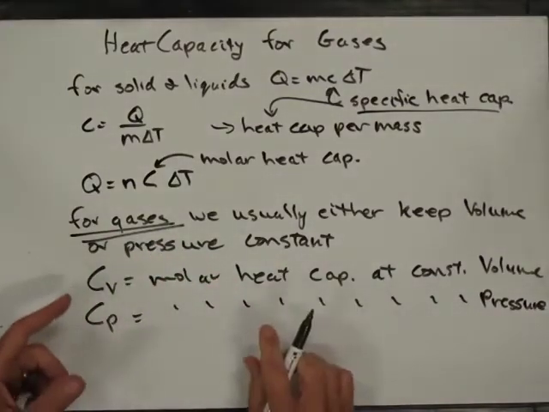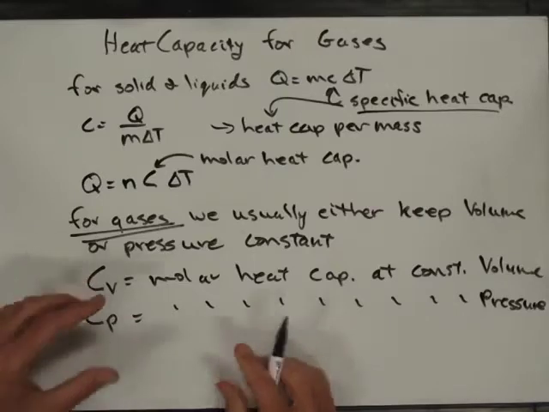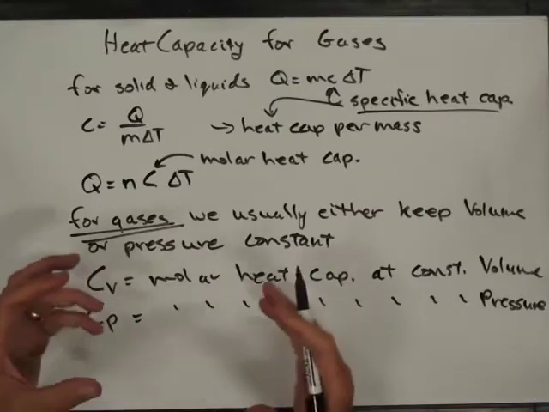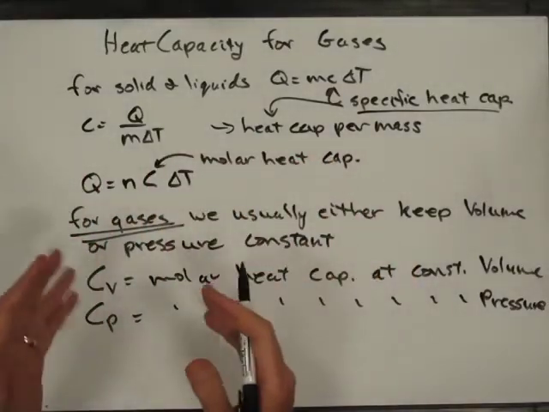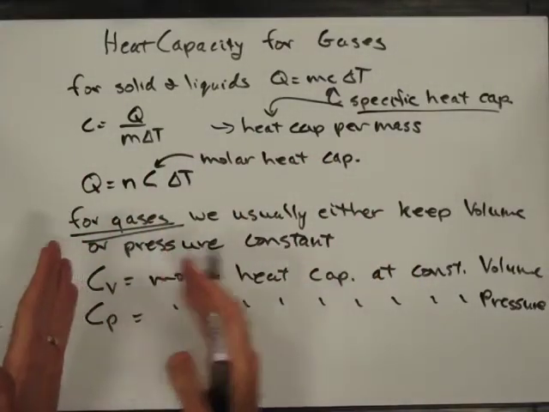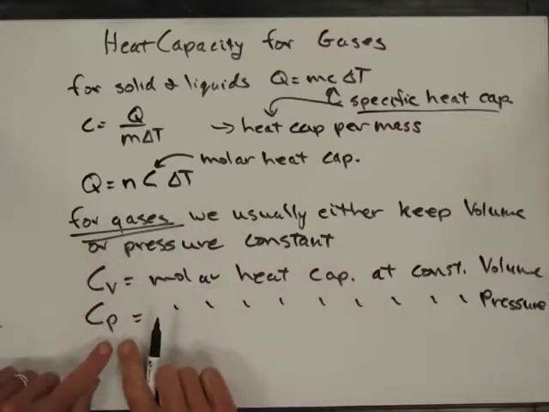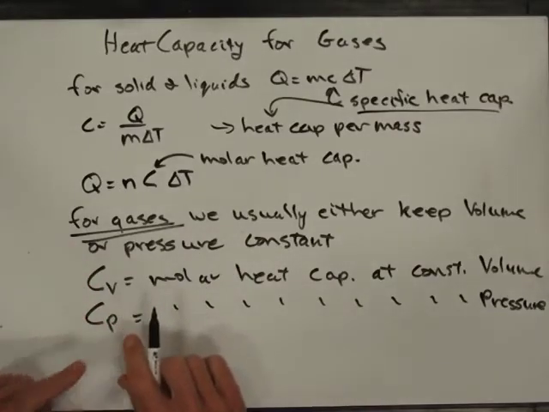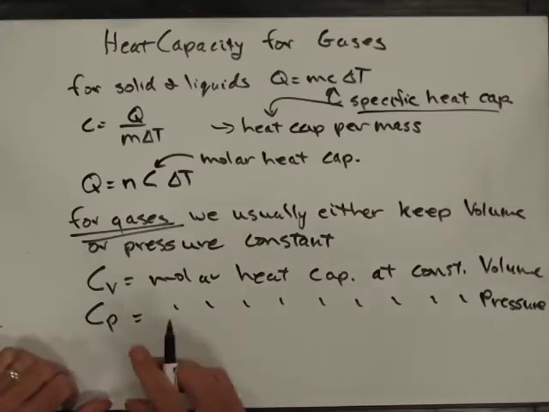For liquids and solids, there's not much change in volume. Liquids and solids, as long as they aren't phase changing, which they're not in these equations, you're not worried about volume change because they're so fractionally small. And so it's only for gases that this one matters. And so we'll start first by talking about the heat capacity at constant volume.